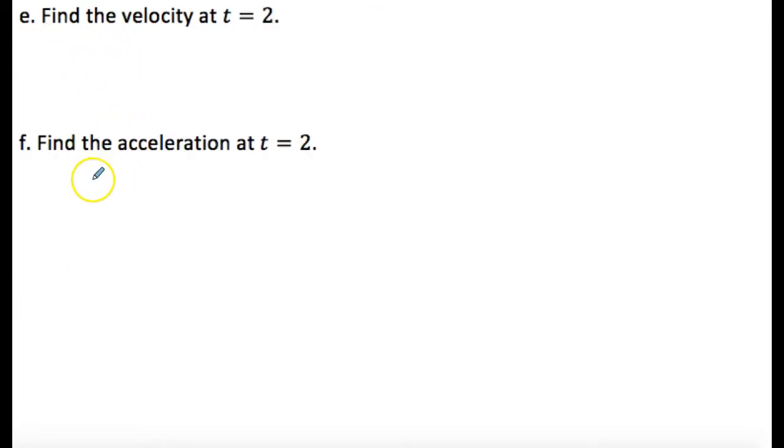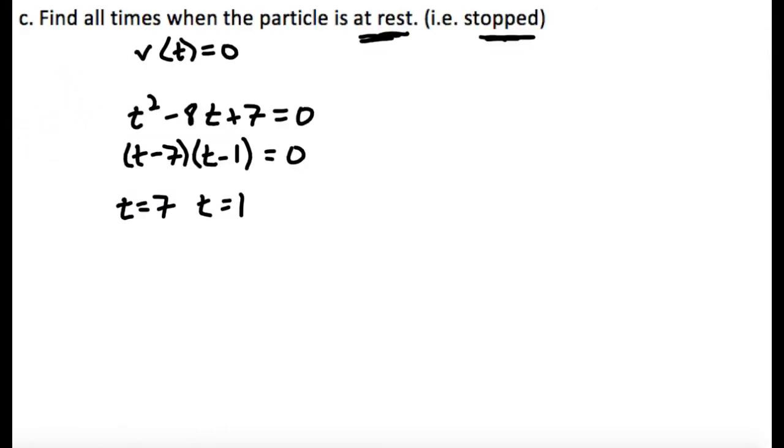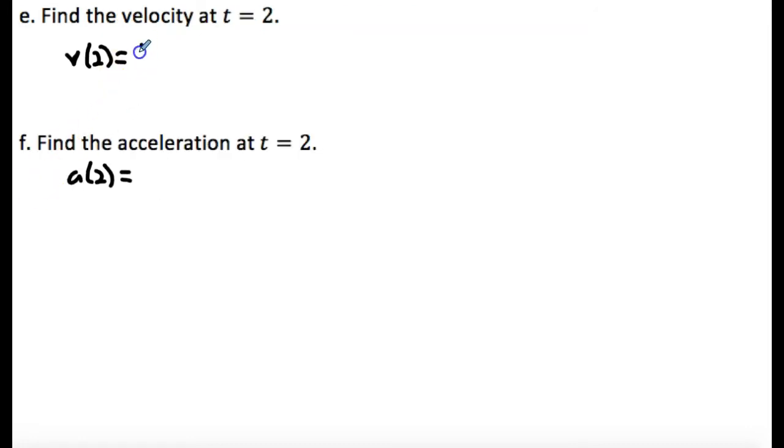So E and F, okay, say find the velocity and acceleration at 2. Okay, so that means I want to plug 2 into my velocity function and plug 2 into my acceleration function. So my velocity function, t squared minus 8t plus 7.